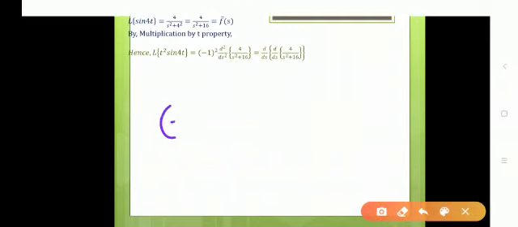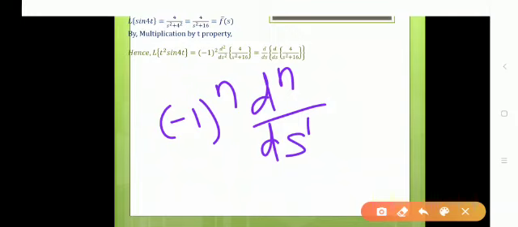So it becomes L of t square into sin 4t. Again apply the property (minus 1) raised to n, d^n by ds^n of f bar of s. Here the function is somewhat simple as compared to the first method.